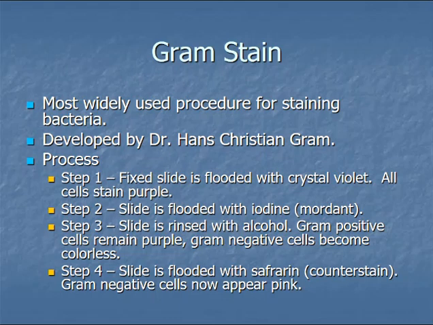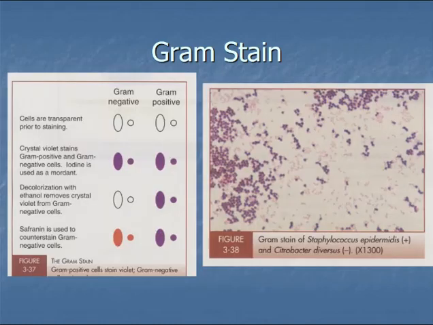So if it's gram-negative and we've made it clear after rinsing it with alcohol, then that pink stain will attach, coloring your gram-negatives pink. And so here's a picture of two different bacterium together in the same slide, where you can see the gram-positive purple and the gram-negative that is pink.